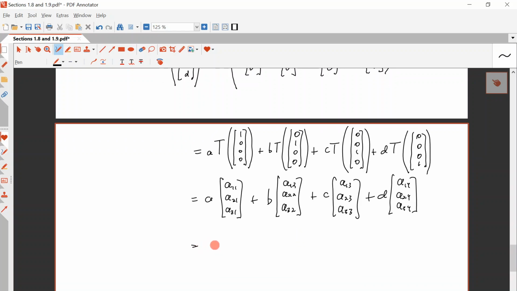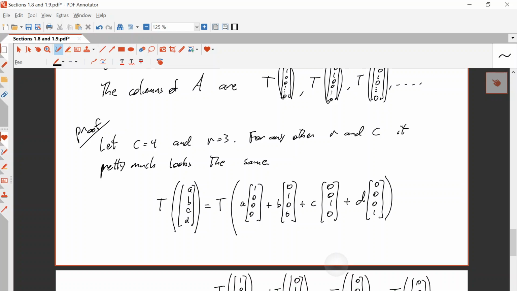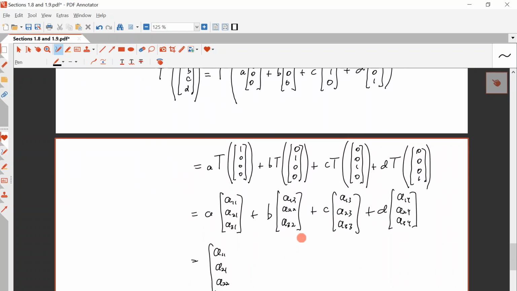But what is this? This is just equal to the matrix with rows a11, a12, a13, a14; a21, a22, a23, a24; a31, a32, a33, a34, times the vector (a, b, c, d).